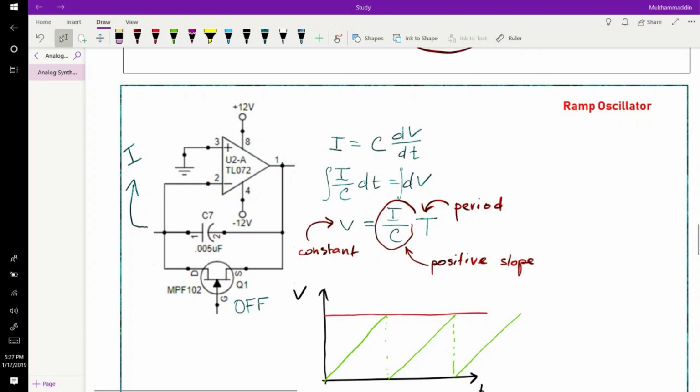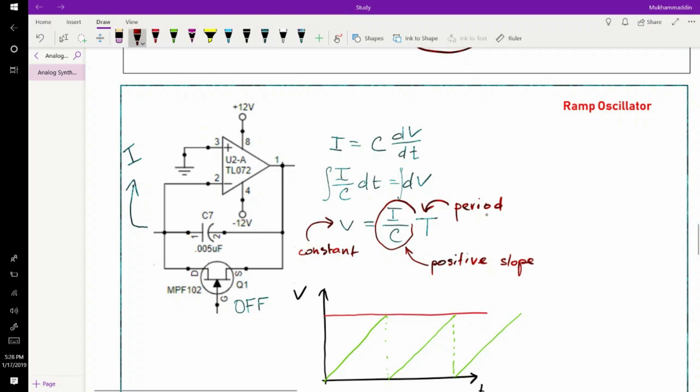Now let's talk about the ramp oscillator. Well, the ramp oscillator is very simple. It consists of an op amp and a capacitor at the feedback, and also this reset transistor. Now let's talk about its working principle in more detail.